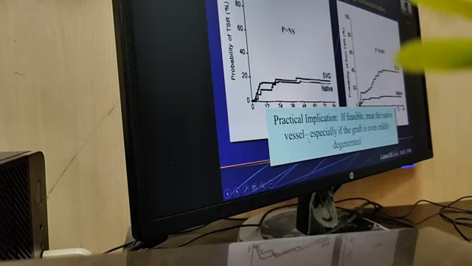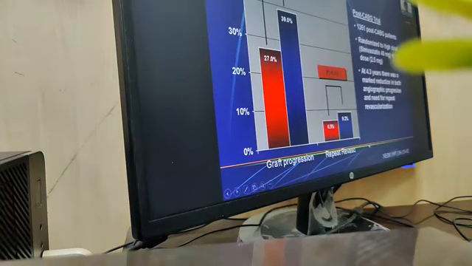That means if the SVG is supplying the OM or the RCA lesion, and there is a practical possibility of treating the native vessel, treat the native vessel. Don't just forget about the saphenous vein graft. This is the practical implication of the study published in 1996: if feasible, treat the native vessel, especially if the graft is even mildly degenerated.